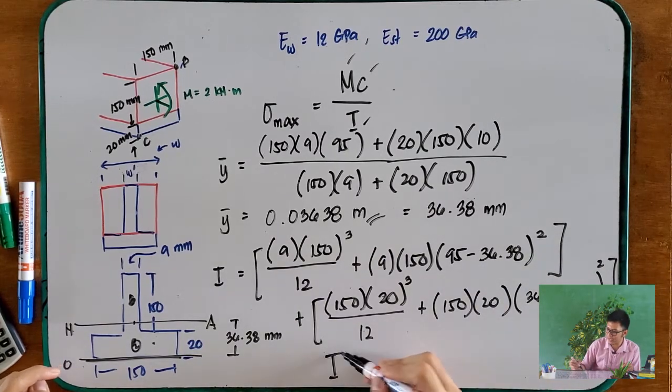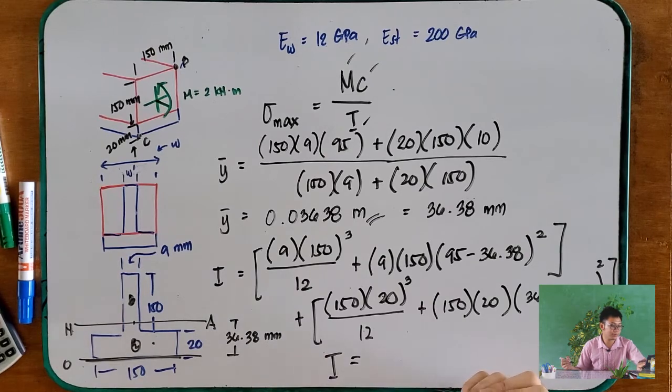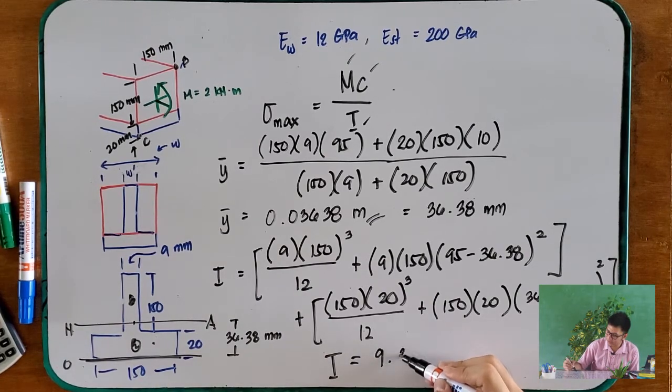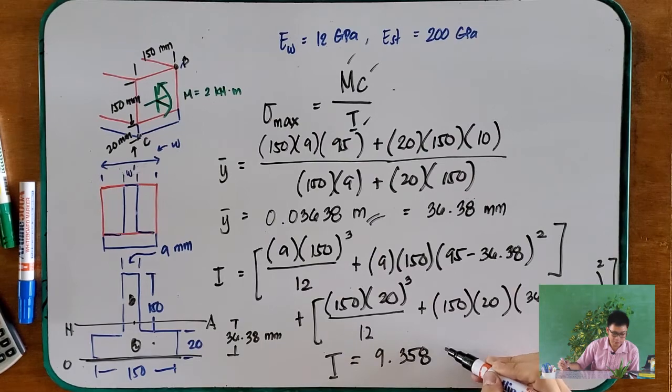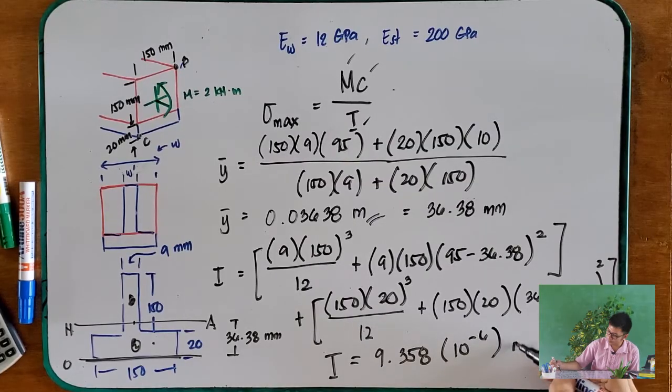And you will have an I of 9.358 times 10 to the negative 6 meters to the fourth.